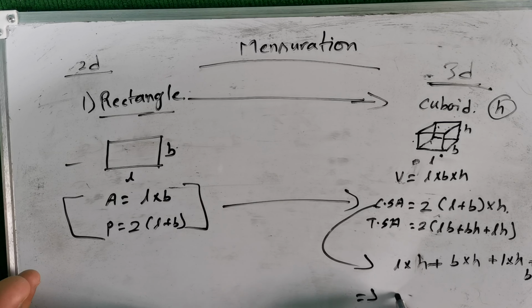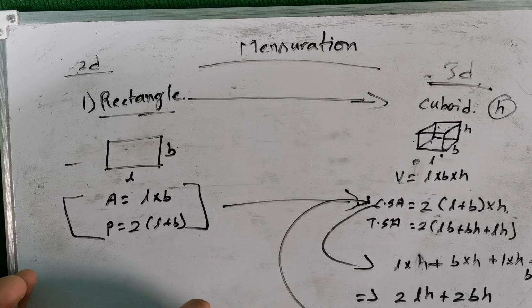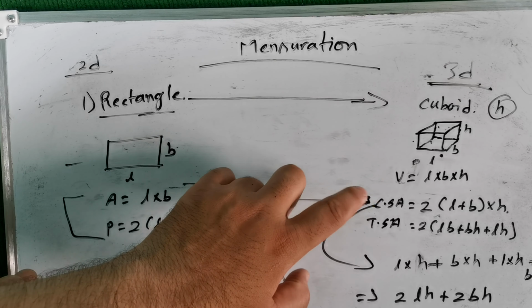And 2LH plus 2BH, that means 2H is common and L plus B. This is how the formula comes. This is the formula of curved surface area.